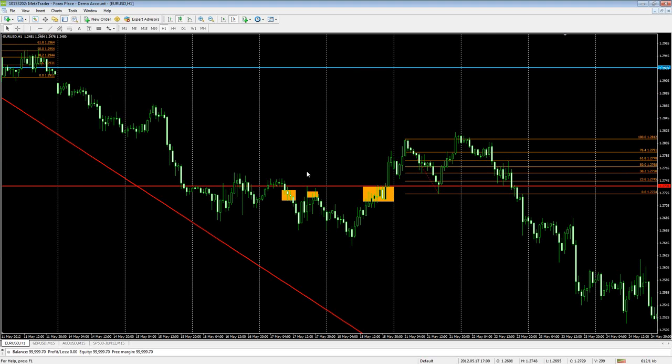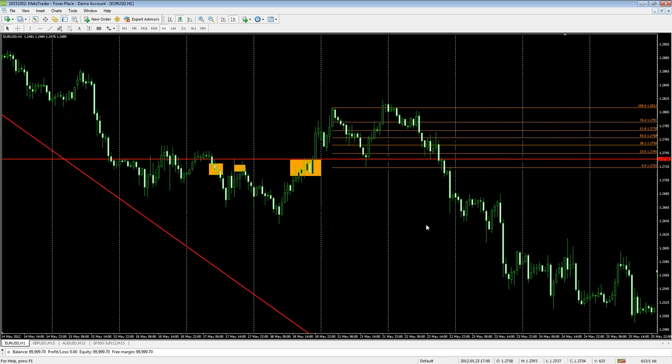Okay, in this case, the general trend is somewhere between a downtrend and a sideways trend, so sideways. So if you're more careful, you would probably set a take profit a bit closer.